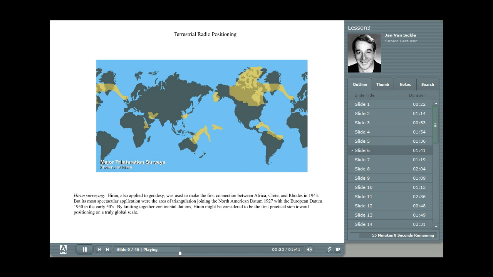But keep in mind that these datums, for example, the European datum being connected to the North American datum, was something that really had not been accomplished before.